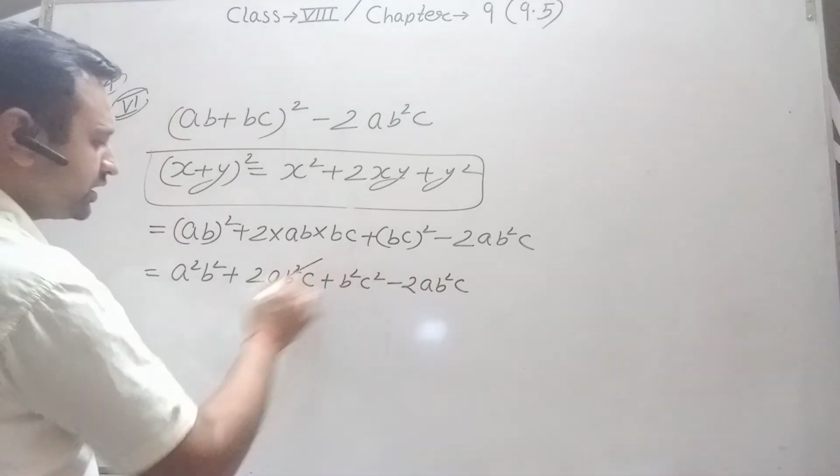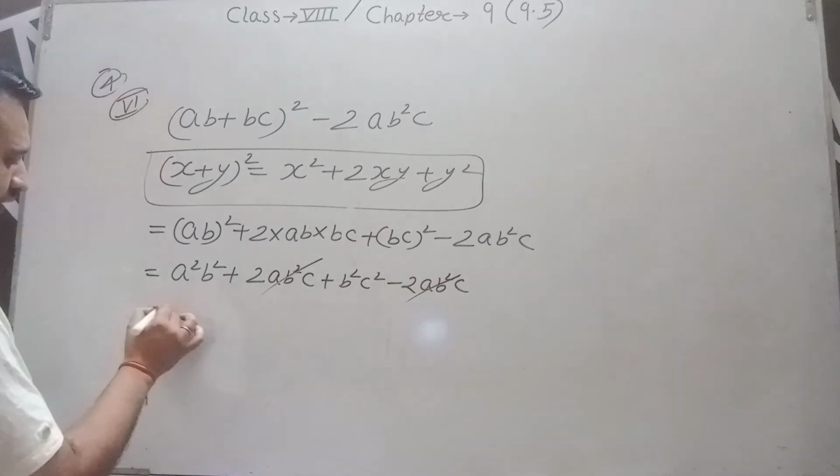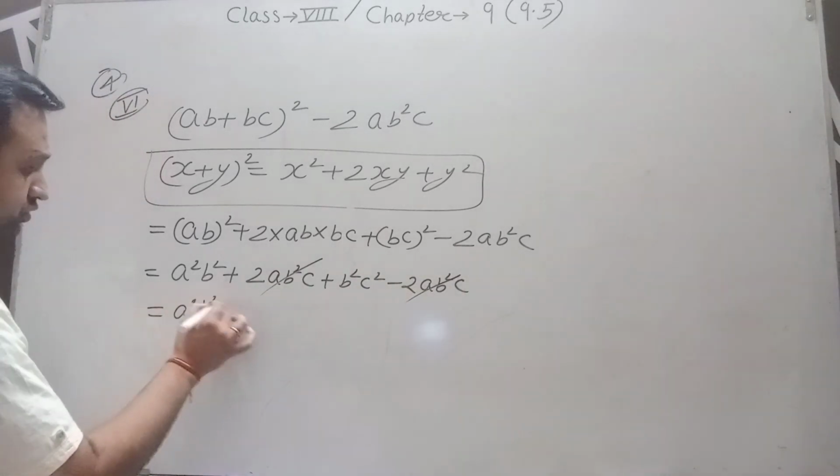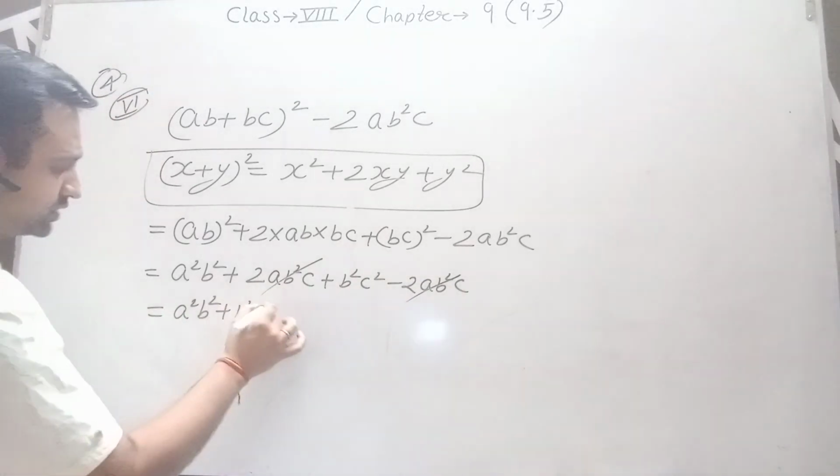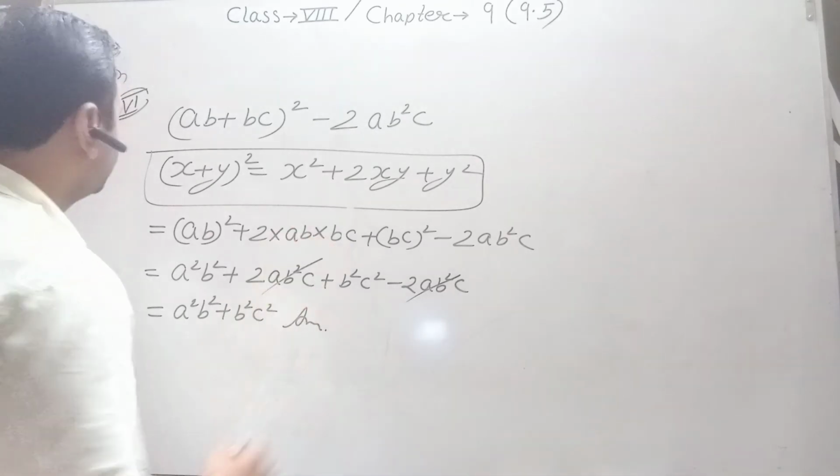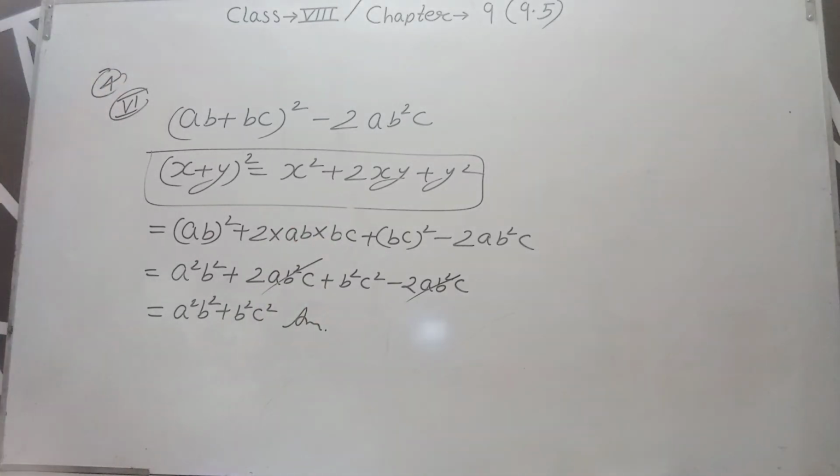These two terms cancel out, and the final answer is a square b square plus b square c square. So question number 4 you can also do.